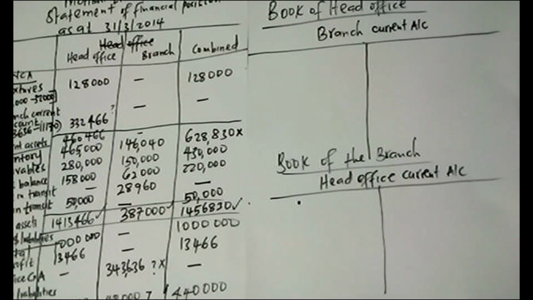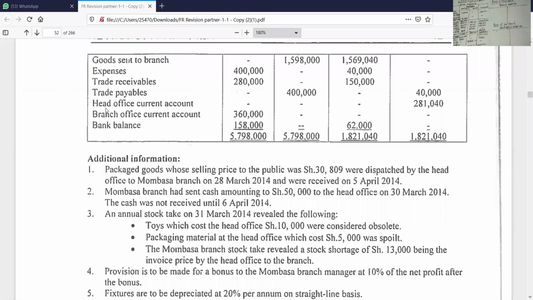So in the books of the head office, it prepares the branch current account. You can see the head office current account is prepared by the branch, which is on the far end.